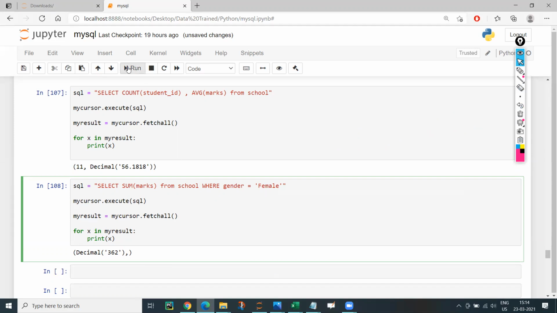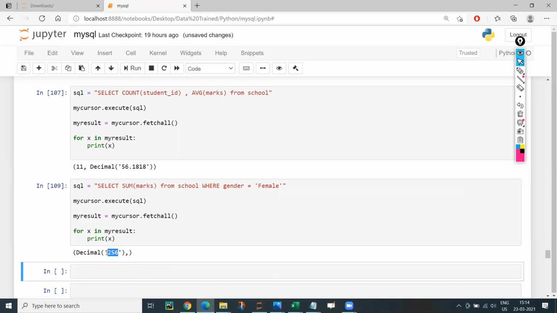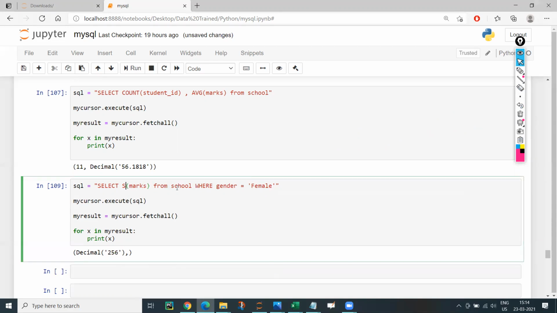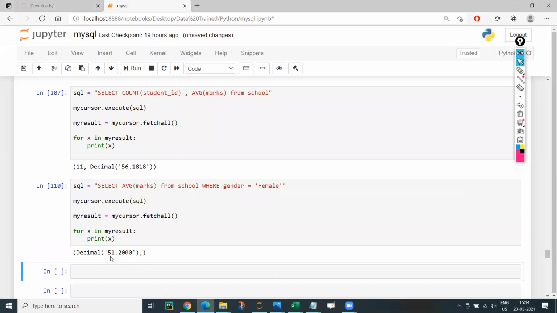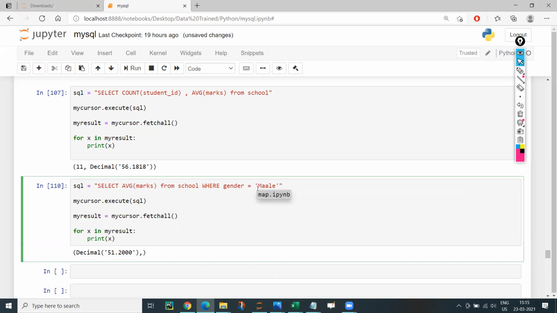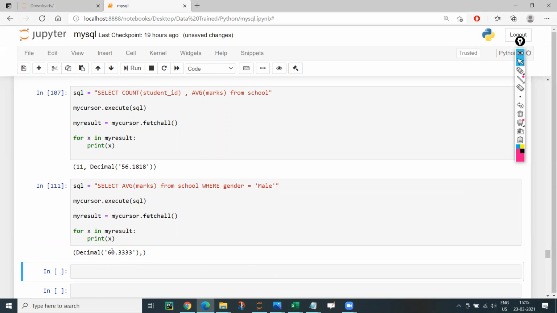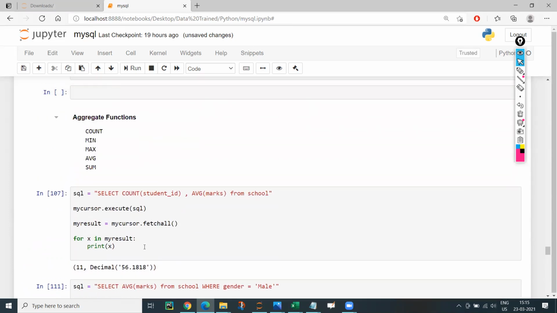Female total marks are going to be 256. I can also change it to average, AVG. Average female score is 51 point something, average male score is 60. So however I want, I will be able to fetch it.